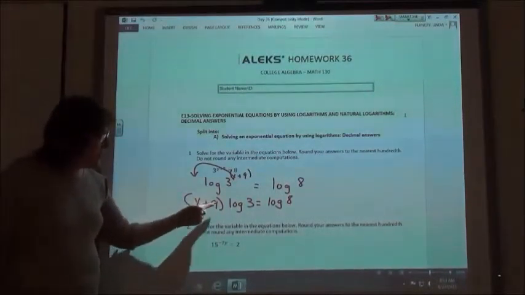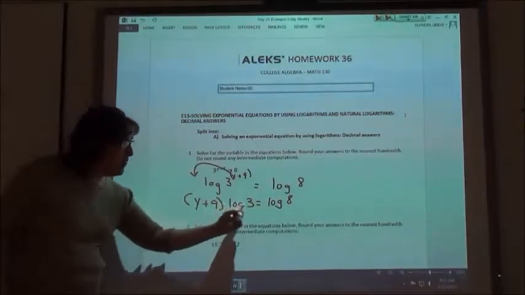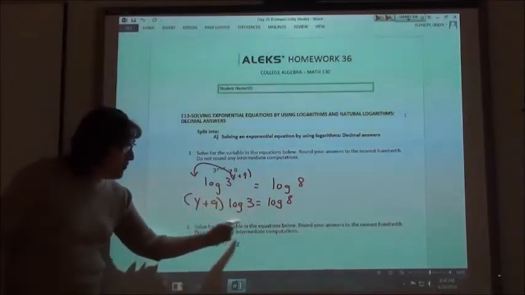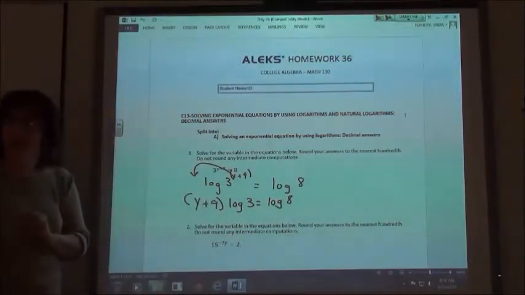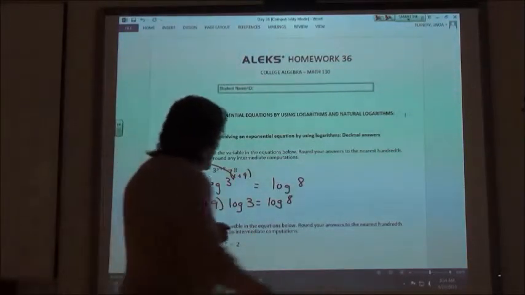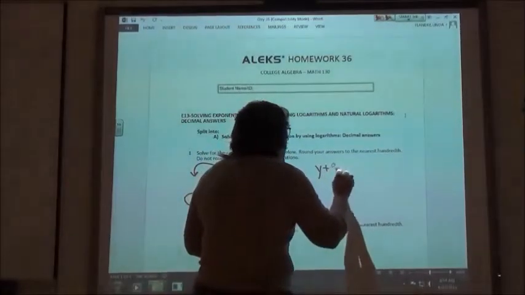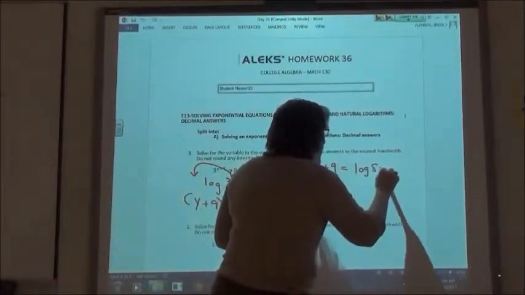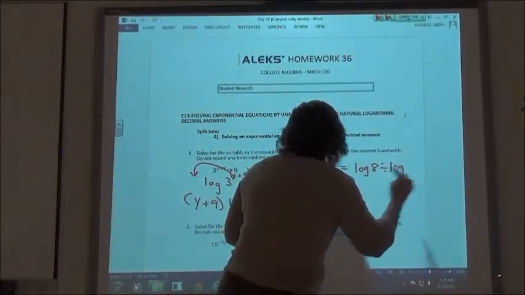Now what I want to do is get this part by itself, so I need to move the log of 3 to the other side. Since this is this times this, to move it over, I'm going to end up dividing by the log of 3. So I'm going to have y plus 9 equals the log of 8 divided by the log of 3.